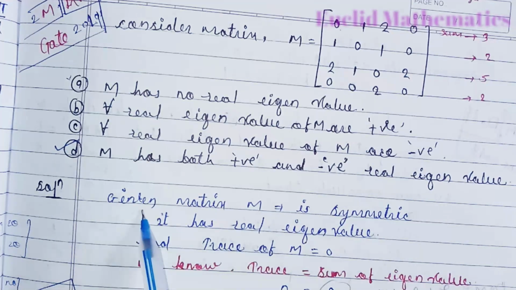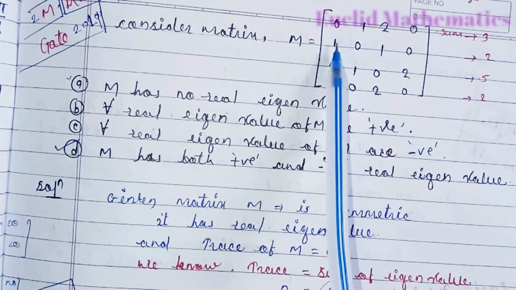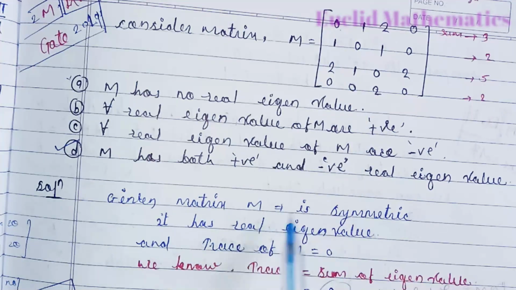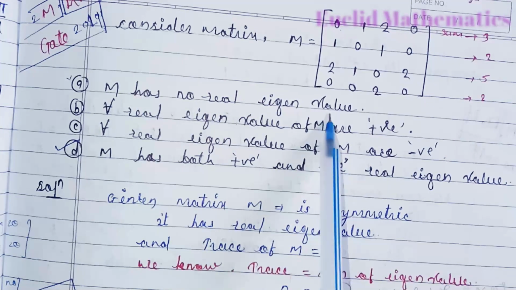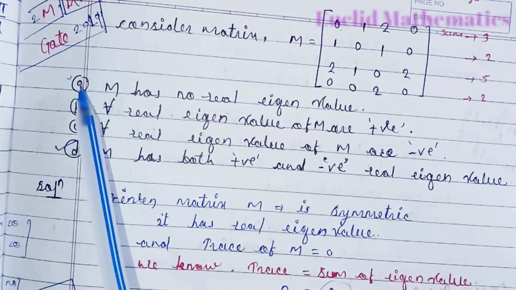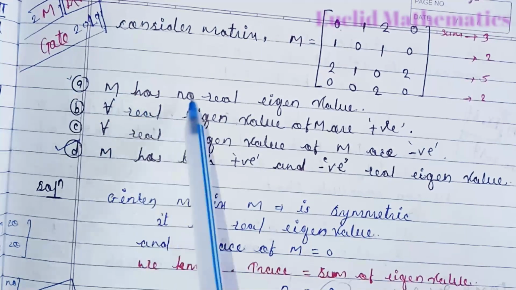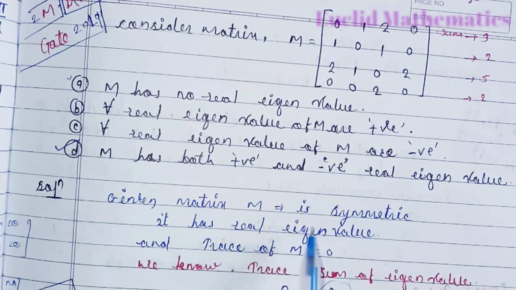So the given matrix M is symmetric, because if we take the transpose of M, we get M. So if a matrix is symmetric, always remember it is diagonalizable over the reals, and it always has real eigenvalues. So our first option, which says that M has no real eigenvalue, is wrong, because a symmetric matrix has real eigenvalues.